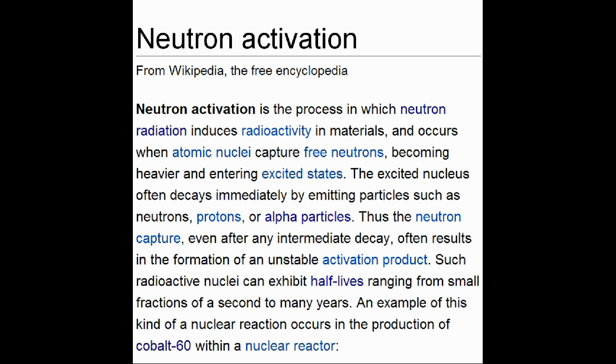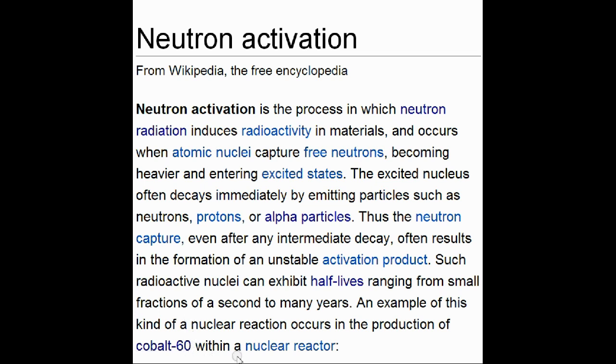Well, which one do we have? Or both. The neutron capture, even after any intermediate decay, often results in formation of unstable activated product. Well, do we have it? I believe we do. Such radioactive nuclei can exhibit half-lives ranging from a small fraction of a second to many years.